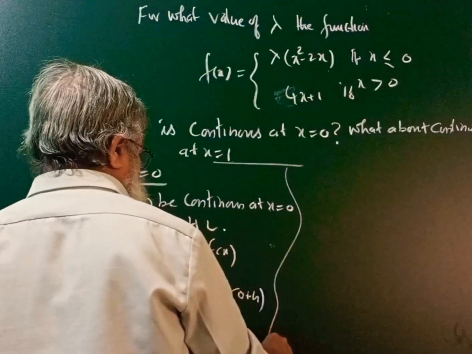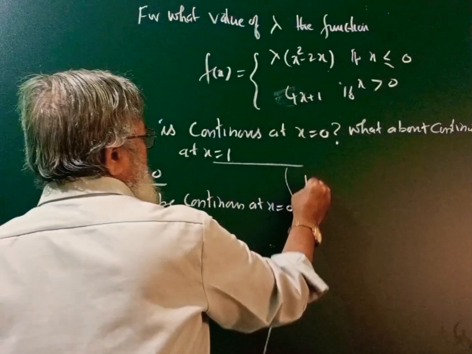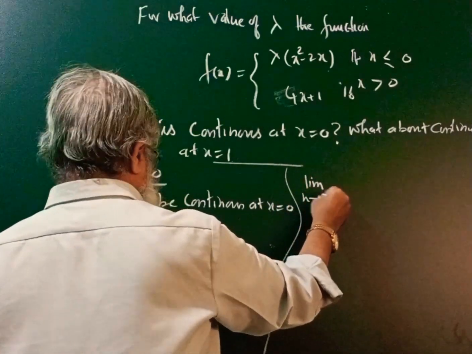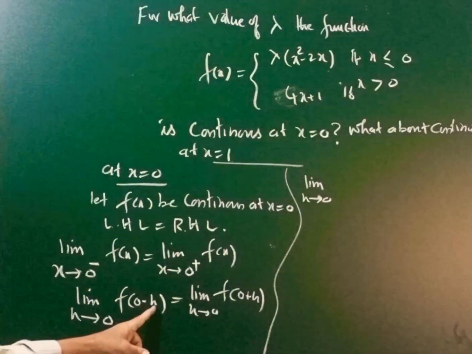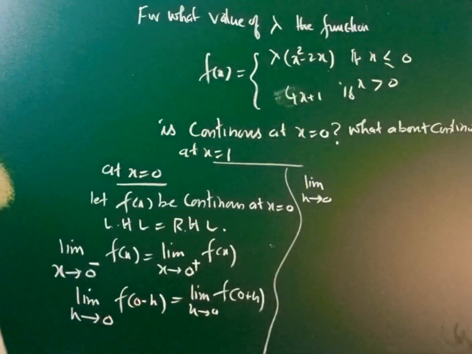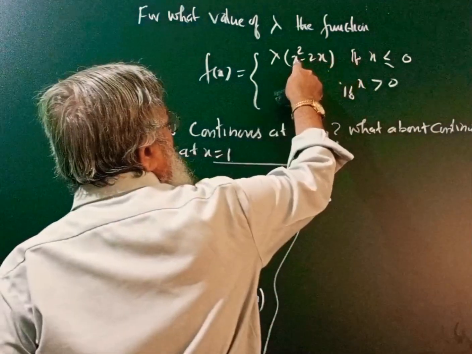Now we subtract h from 0, which means the value should be taken as less than 0. For less than 0, this is admissible.